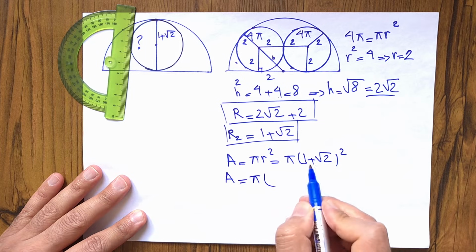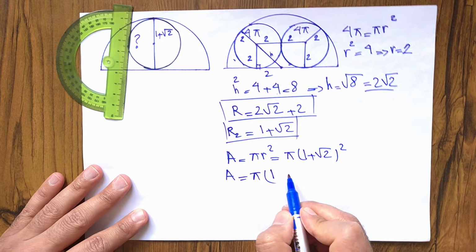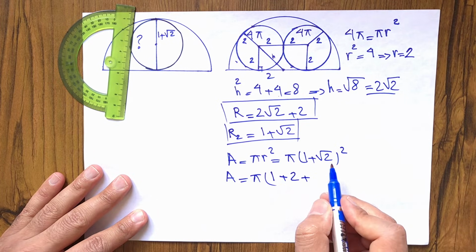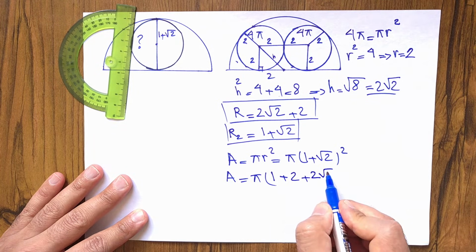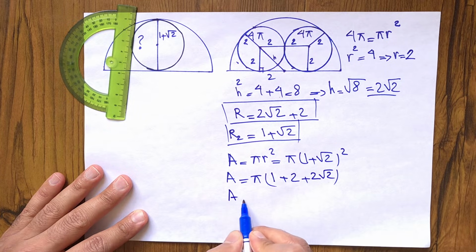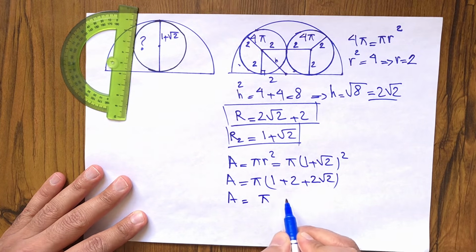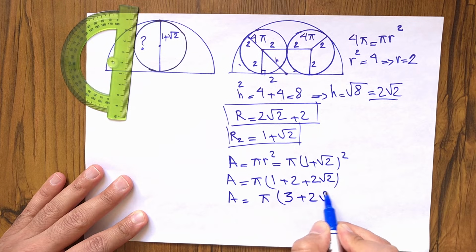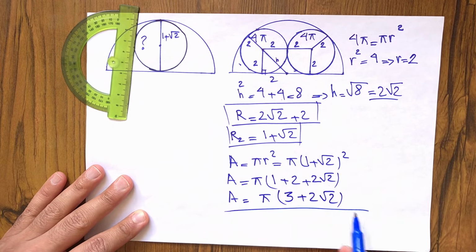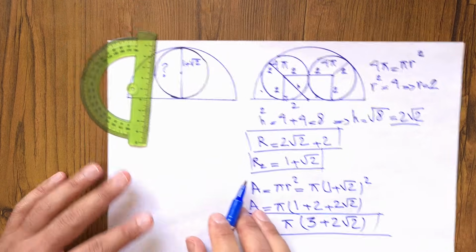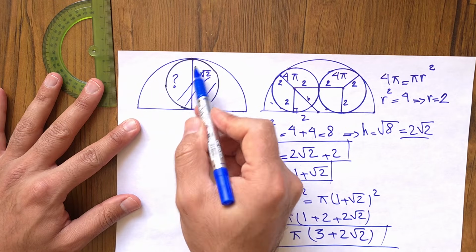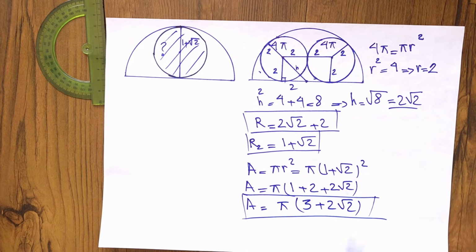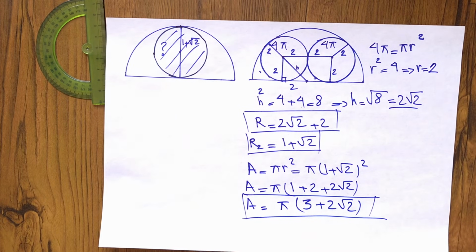So pi times 1 squared, which is 1, plus the second term squared, which is 2, plus 2 times the first one times the second one, 2 root 2. Area equals pi times 3 plus 2 root 2. And that's the final answer. So the area of this circle in question is pi times 3 plus 2 root 2.